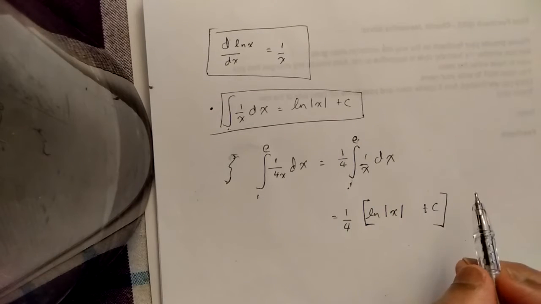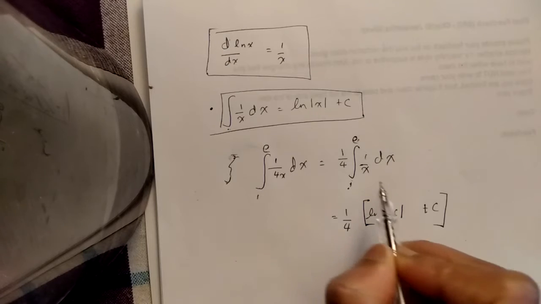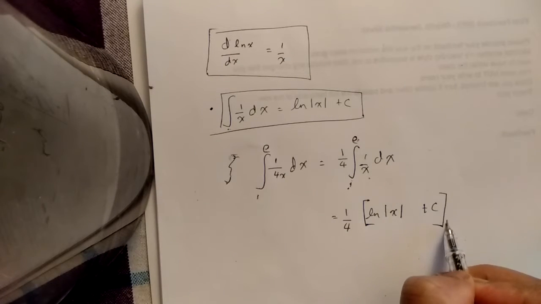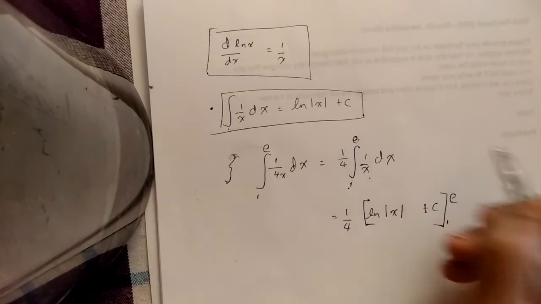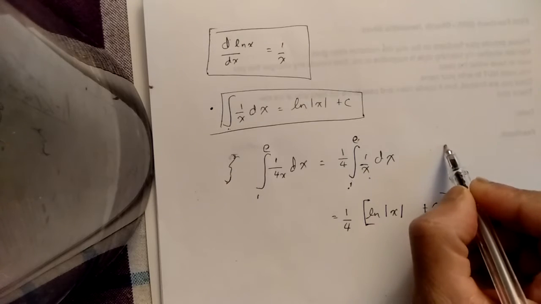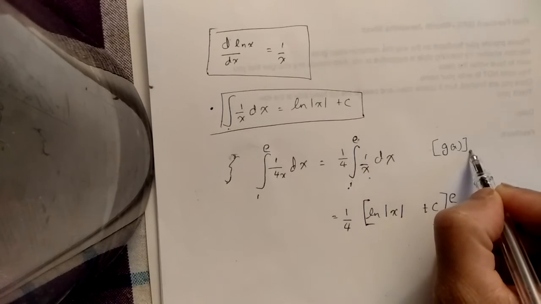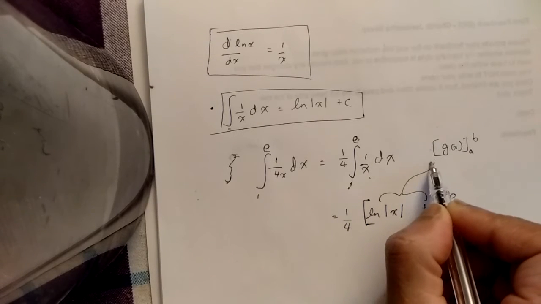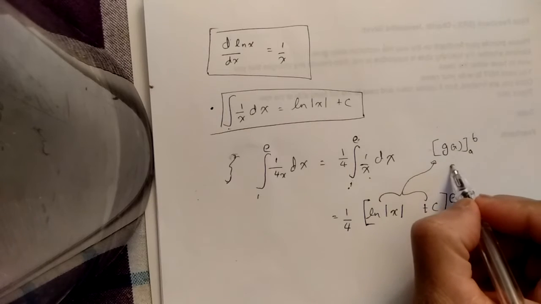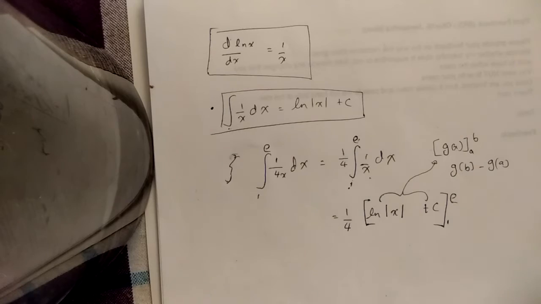That means we should evaluate this antiderivative across these two values. So how are we going to evaluate that one? When you have a function, let's name this whole thing as g(x), and if we need to evaluate at these two points, we have g(b) minus g(a), right?